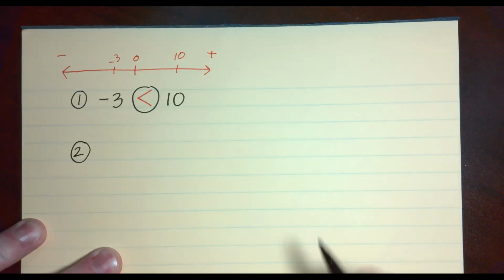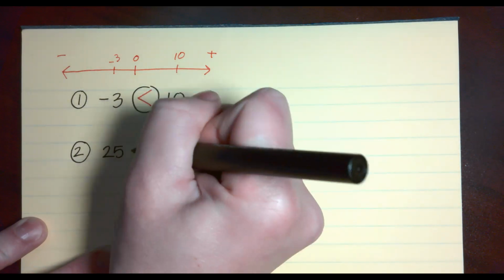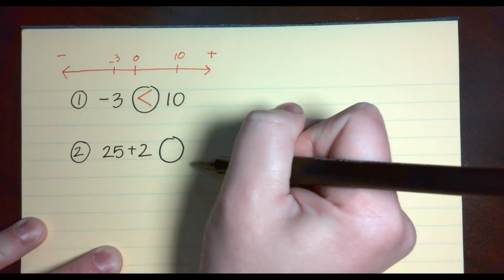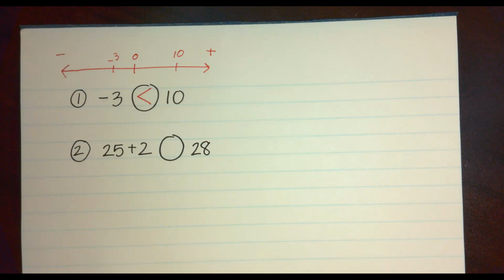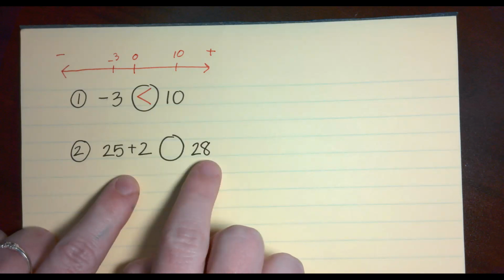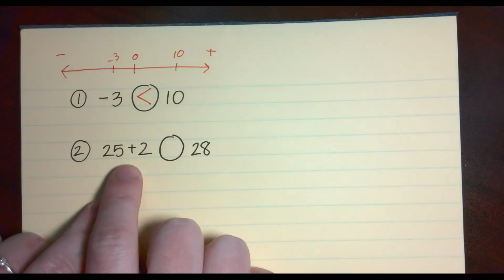Number 2, I did something a little different for you guys. I put 25 plus 2 is what then 28. So how are we going to figure out what symbol to put here if we don't have 2 normal values? Yeah, we want to kind of simplify this side.